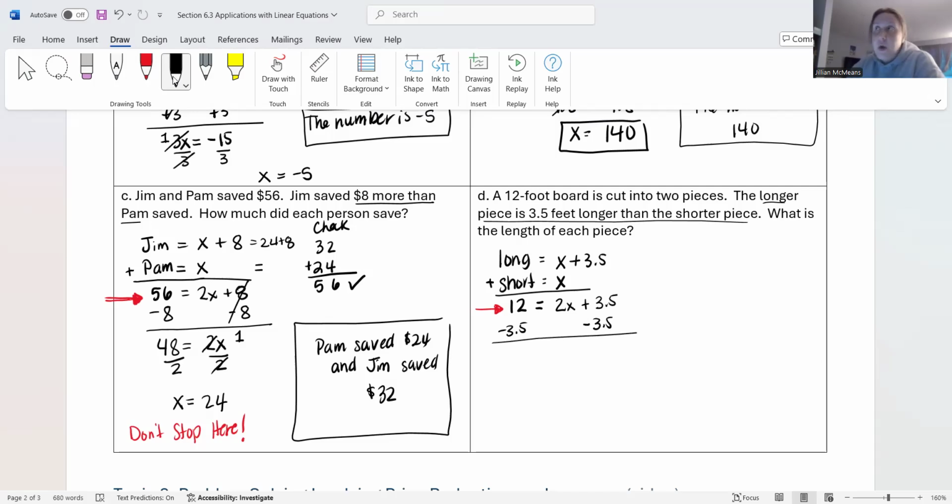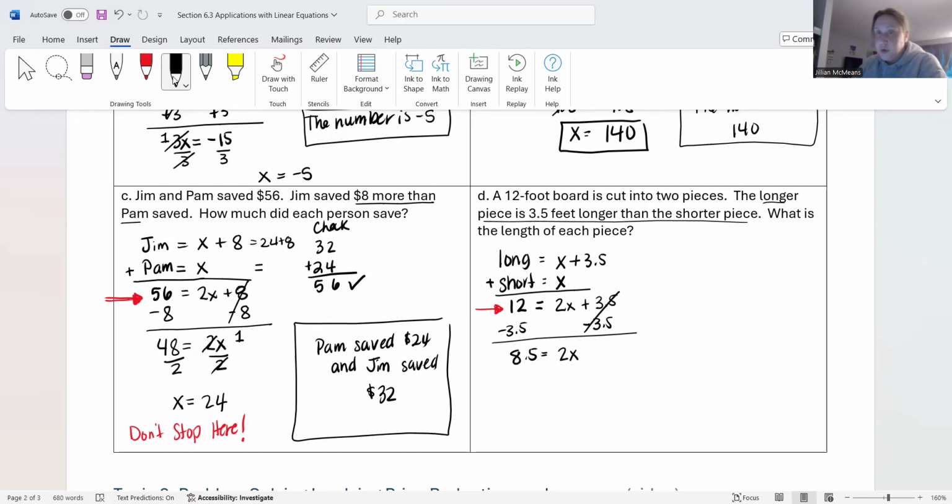On the left, 12 minus 3.5 is what, 8.5? And then on the right, 3.5 minus 3.5 is just 0. Again, we would say it cancels, but please understand why. It has a sum of 0. So 2x plus 0 is 2x. And then since we've isolated the variable term, now we want to isolate the variable itself.